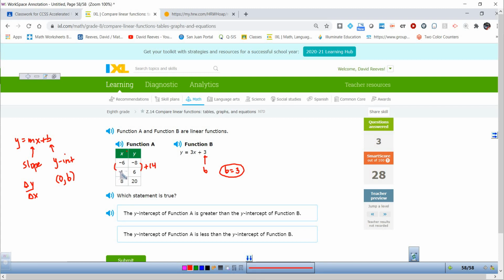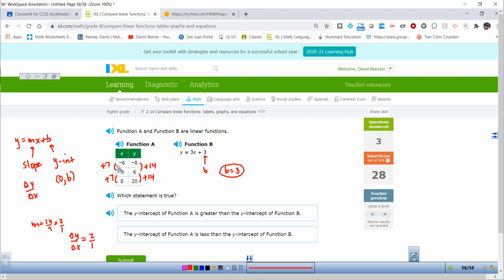And from negative 6 to 1, that went up 7, right? From 6 to 20, that went up 14, and that went up 7. So our slope is 14 over 7, or 2 over 1. What does that mean? That means our change in y over our change in x is 2 over 1.